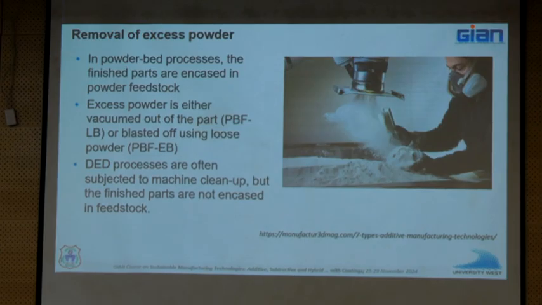If some powder that you have delivered has not melted and deposited, you just get rid of that. Just a simple high pressure air blast will do. You don't need to do anything more than that, because in case of DED, the part is not covered in all sorts of stuff. It's already there. So it's not encased in unused feedstock, right?